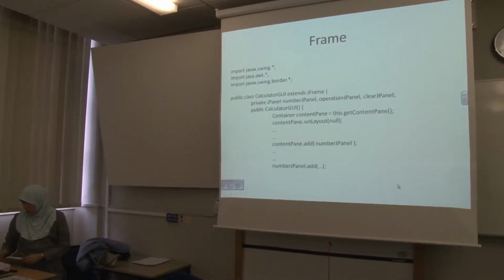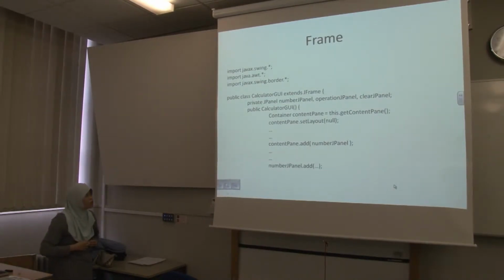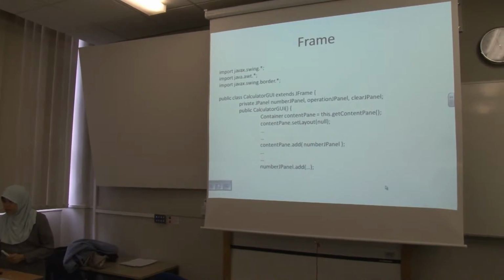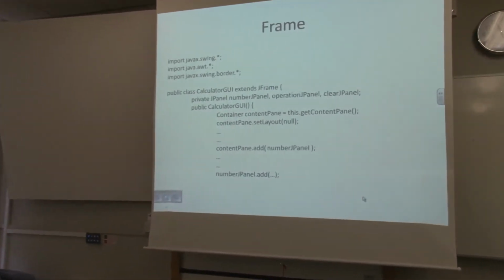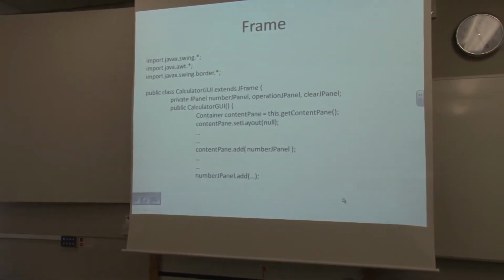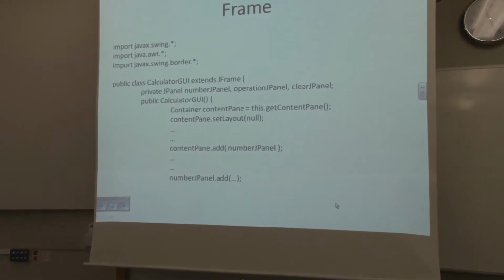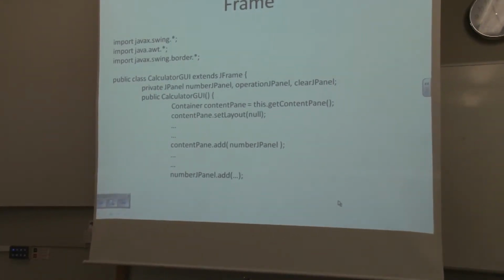So in the beginning, when we want to make an application for a Java user interface, we make a GUI class that extends JFrame, because JFrame is a Java class that allows the user to have components like text boxes, text fields, and buttons.